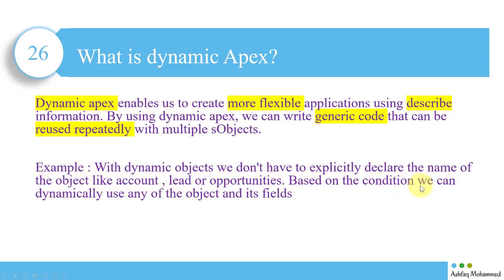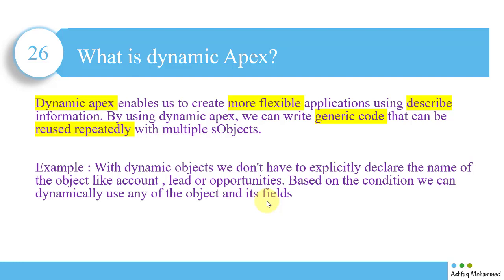Based on the condition, we can dynamically use any of the objects and their fields. We can get the fields using the describe method in dynamic Apex, so you don't have to explicitly know all the fields.